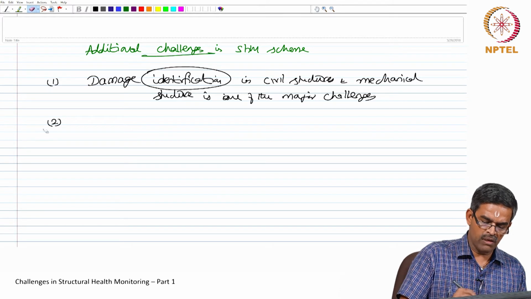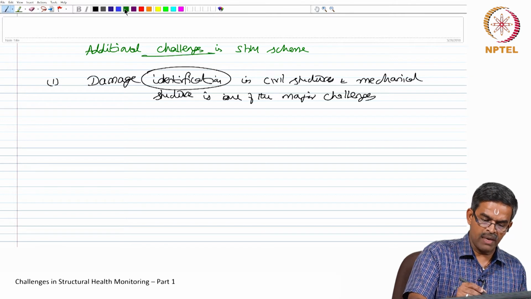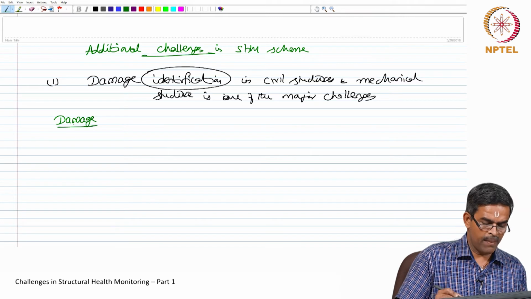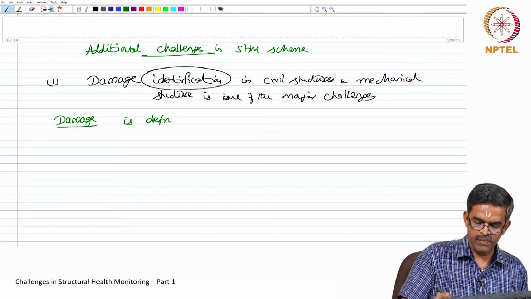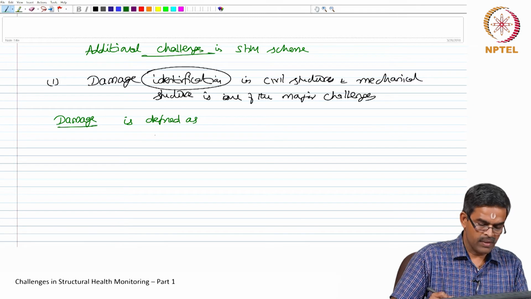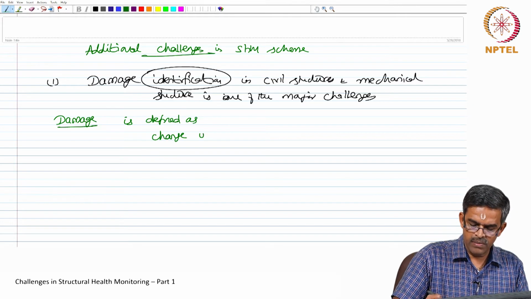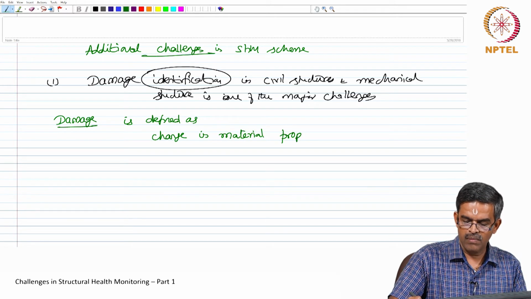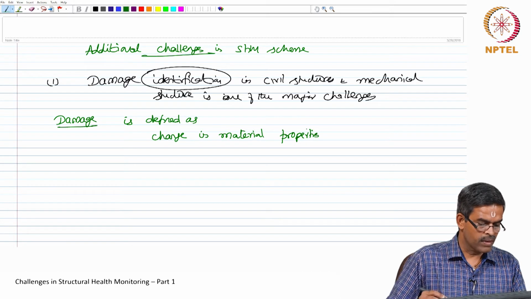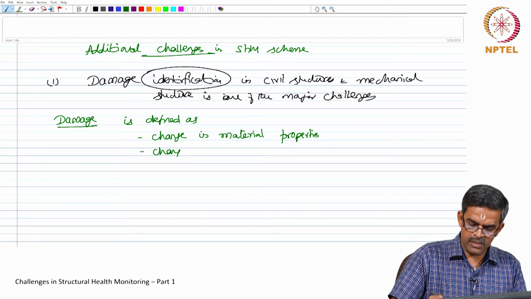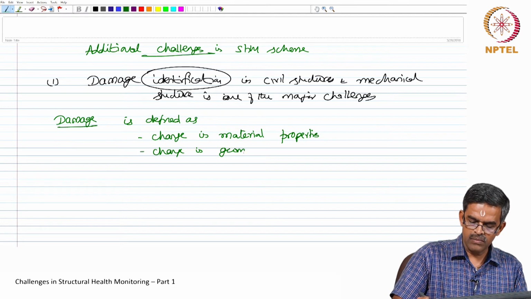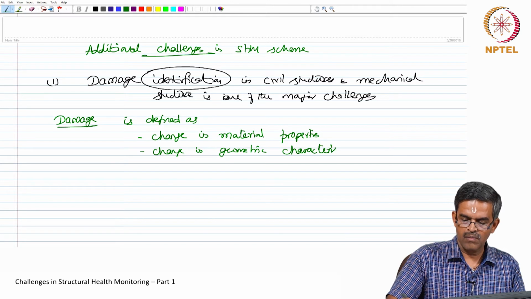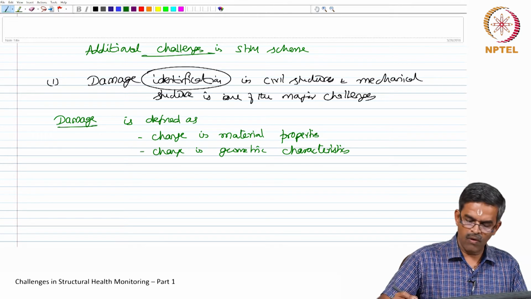Now, let us try to define what do we understand by damage. Damage actually is defined as change in material properties, change in geometric characteristics of the system.